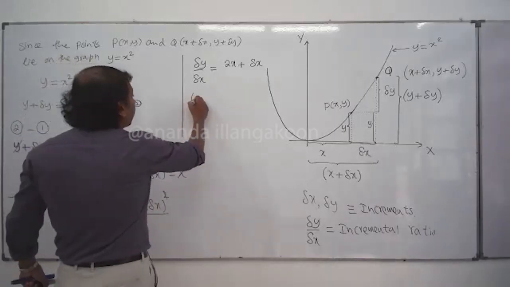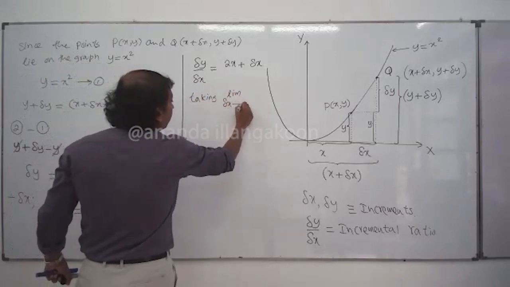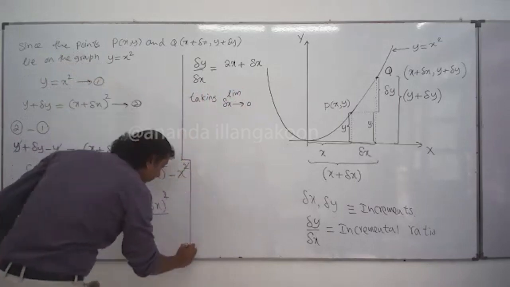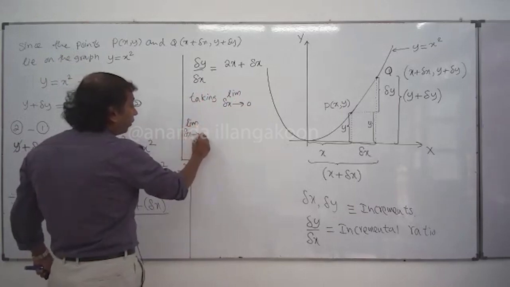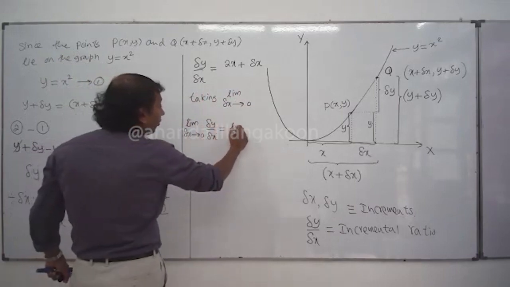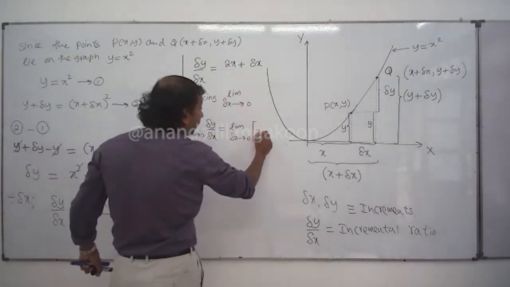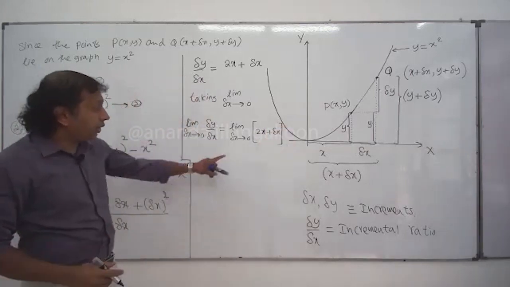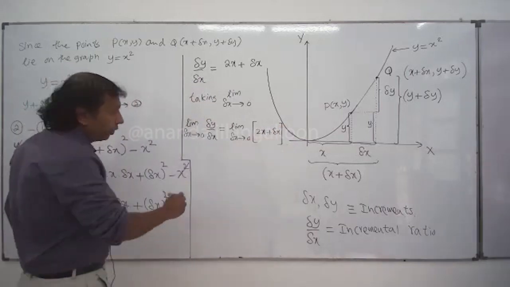So now we can write, taking limit delta x going to 0, delta y by delta x, limit delta x going to 0, on the right hand side 2x plus delta x. Now on the right hand side, delta x going to 0, we apply on this x and this delta x both. Okay, so then I can write it.